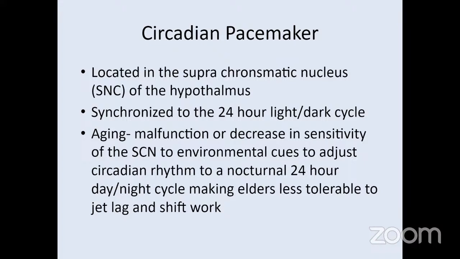Aging leads to malfunctioning or decreased sensitivity of the suprachiasmatic nucleus to environmental cues to adjust circadian rhythm to the 24-hour day-night cycle, making elders less tolerant of jet lag and shift work.